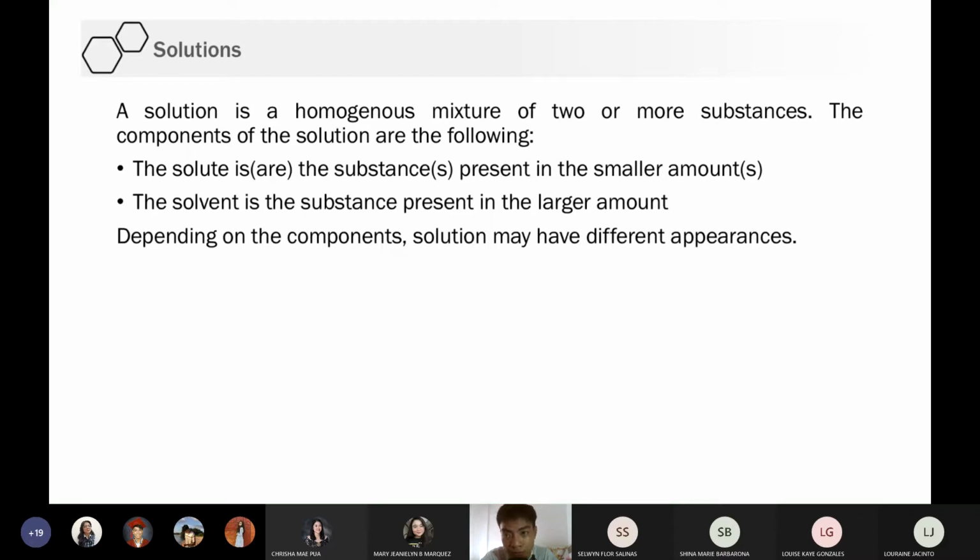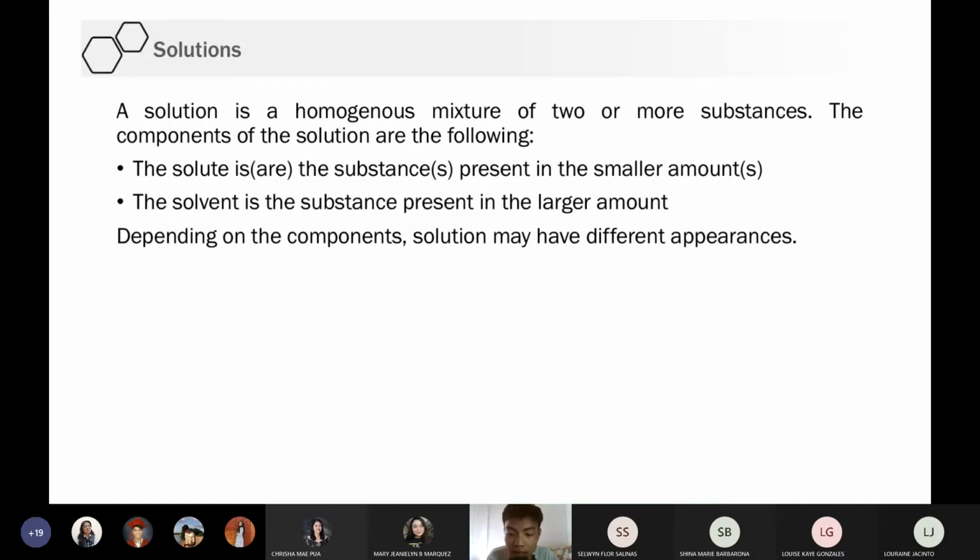Therefore, it is not a solution. Our solutions can be made by mixing two or more substances, and depending on the amounts of those substances, we can classify them as solutes or solvent. When we say solute, these are the components of the solution that happen to be present in small amounts, or in smaller quantities.